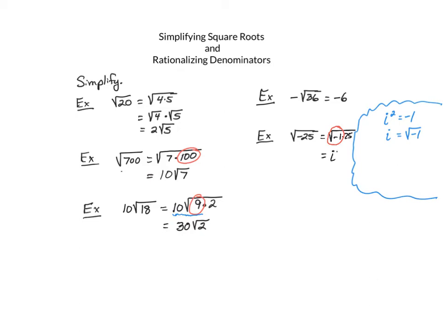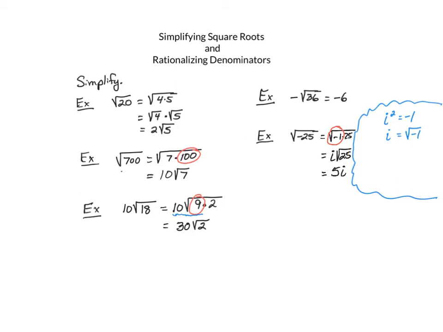So I have i times the square root of 25. Now we simplify the square root of 25 the same way we normally do. The square root of 25 is 5, so our result is 5i. So this is a non-real number, but it's still a totally legitimate answer to what's the square root of -25.